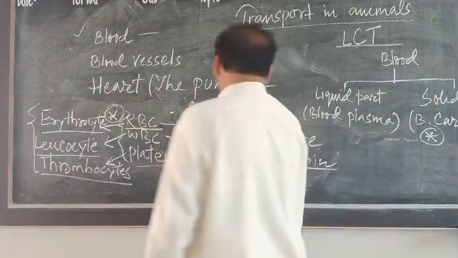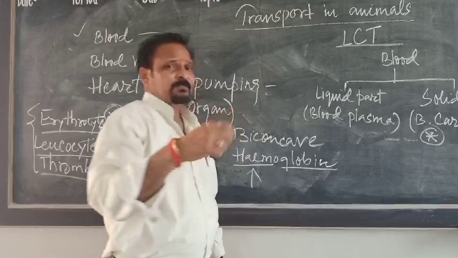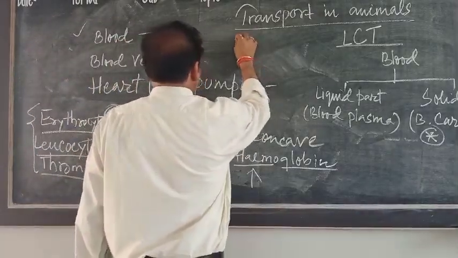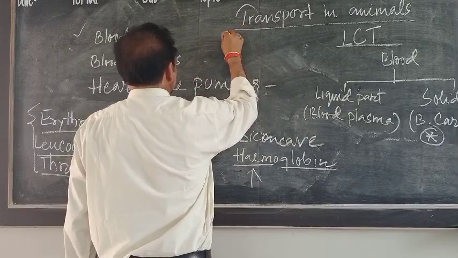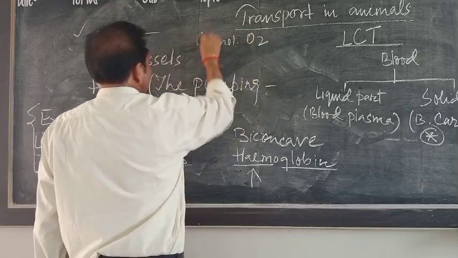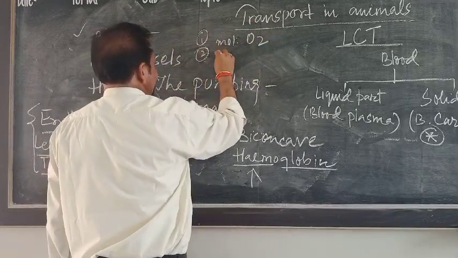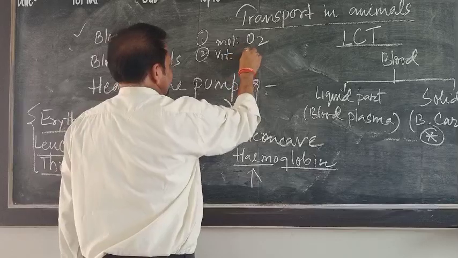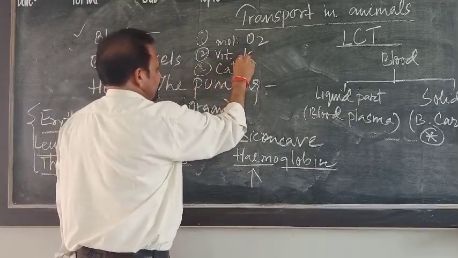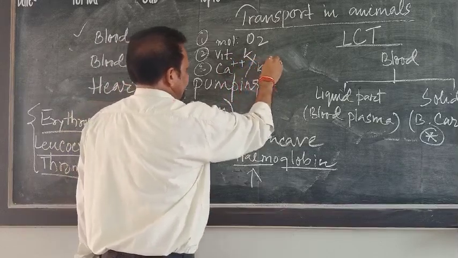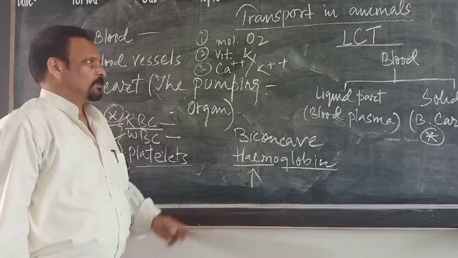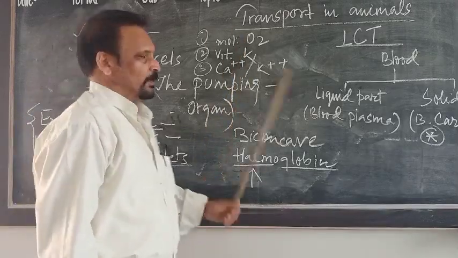But there are various factors which are responsible for blood clotting: number one, presence of molecular oxygen; second, presence of vitamin K; third, presence of calcium ion. All these three things are essential for blood clotting.